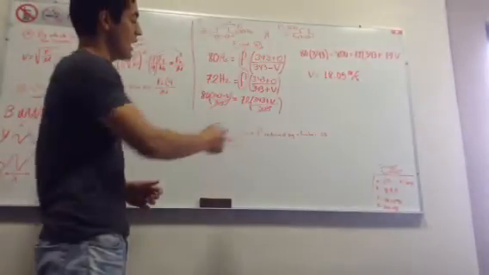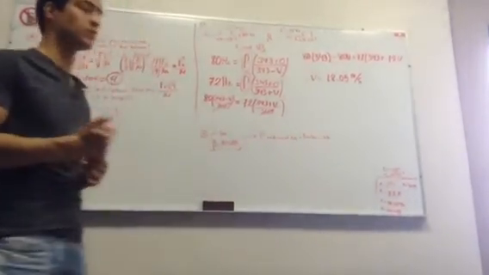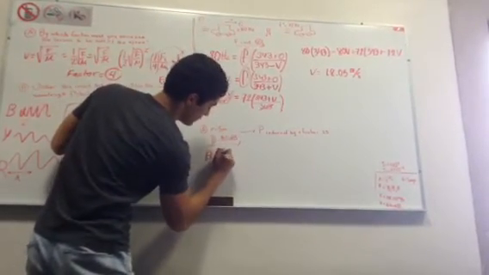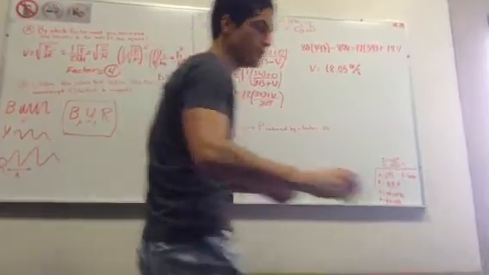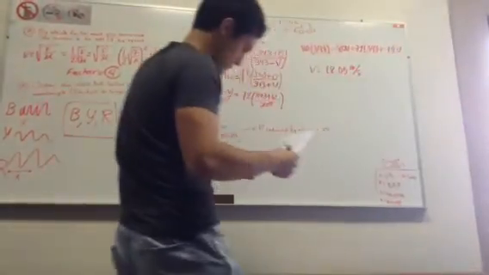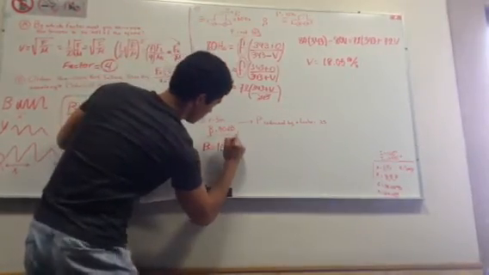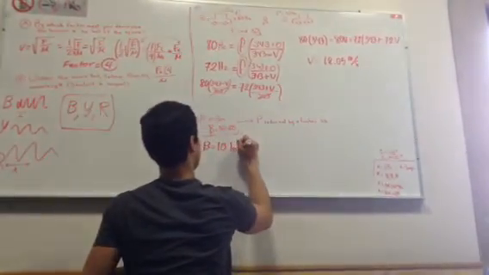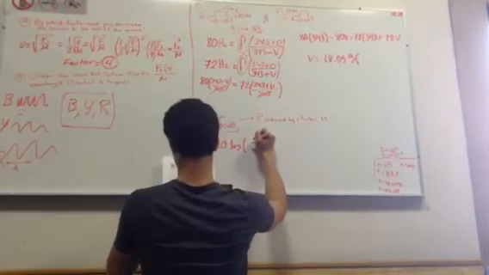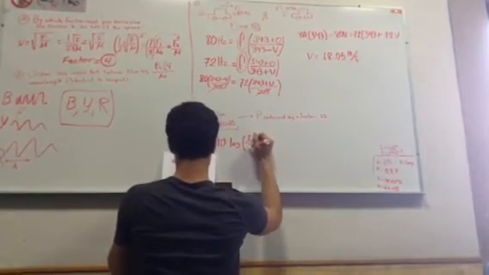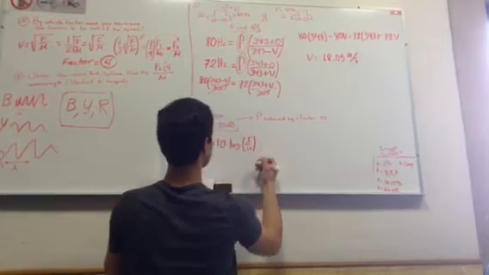And the fourth problem says that we have a radius 3 with a sound level of 80 decibels, and the power is reduced by a factor of 25. So we need to use the sound level equation, which says that beta is equal to 10 log of the intensity over intensity 0.